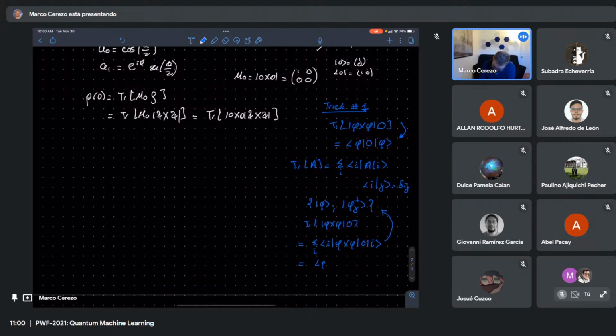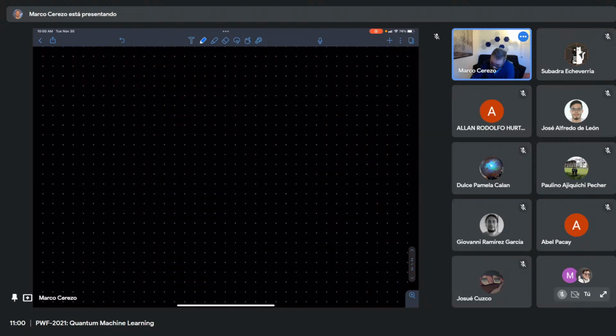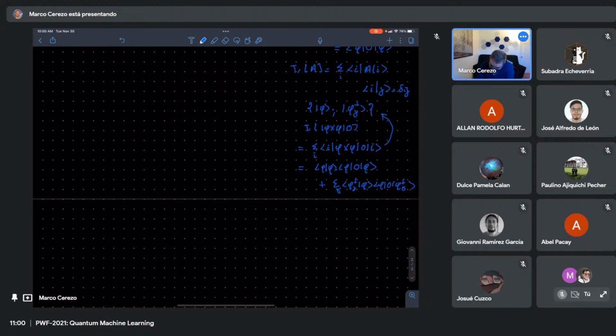So I'm going to get phi, O, phi. And then I'm going to get a bunch of terms that is going to be a summation of states that by definition we said that they are orthogonal to phi, right? So we're going to get something that looks like this. Phi orthogonal j. And this is equal to 0 because we said that our basis is orthonormal.